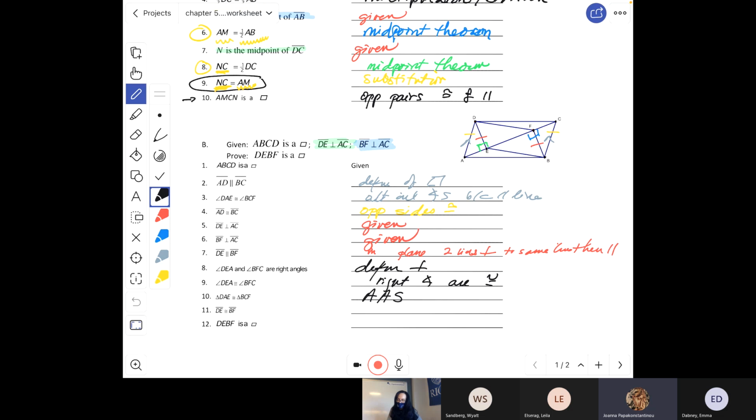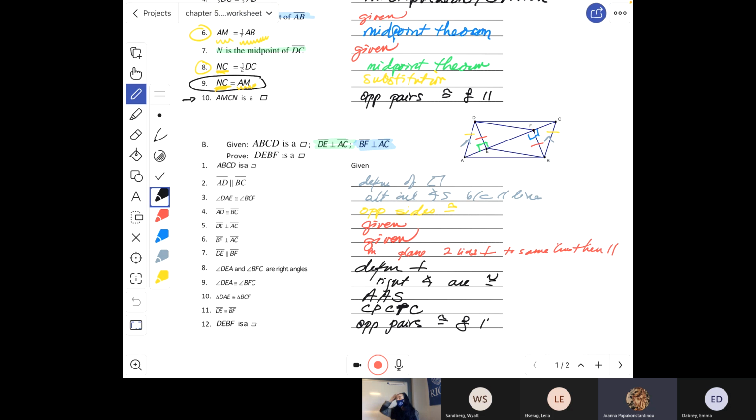And then DE is congruent to BF as a result of the congruent triangles. The corresponding parts are congruent. CPCTC. And last but not least, DEBF is a parallelogram because we have shown that opposite pairs are congruent and parallel.